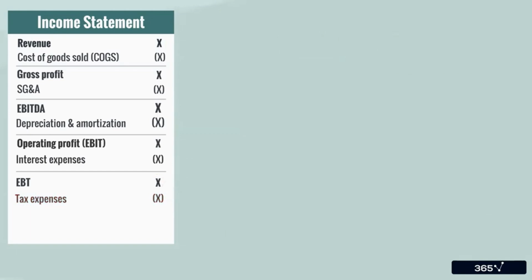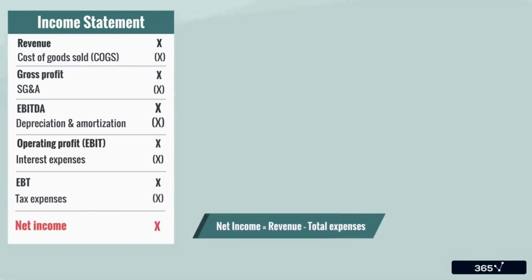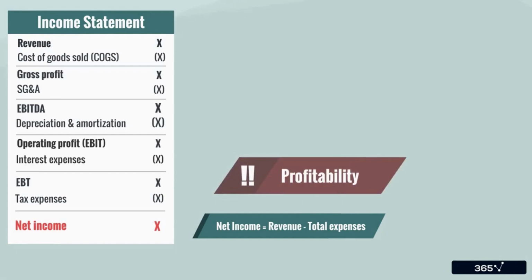Once all expenses are recorded, we arrive at the bottom line, called net income. This is the excess of revenues over total expenses. It is also known as the bottom line of the income statement. The net income figure is very important as it represents the profitability of a firm after accounting for all its costs.